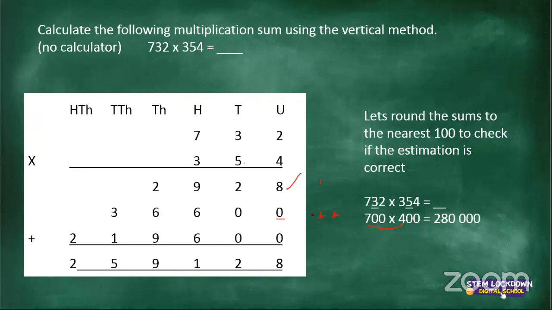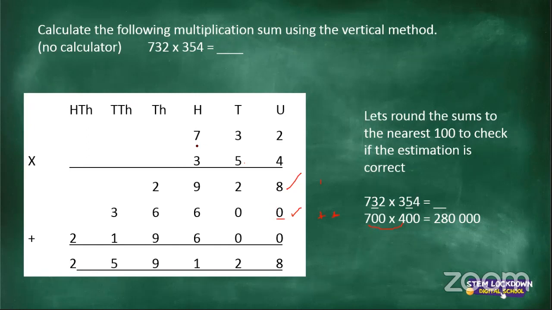Okay, so now we finish multiplying 372 with the 50 and we're done and we have our magic 0 here. Now remember, if you don't put this magic 0, then all these numbers are going to move into the wrong column and when you are adding, you're going to get the sum wrong. So it's very important that you put your magic 0 when you're multiplying tens, hundreds, and thousands.